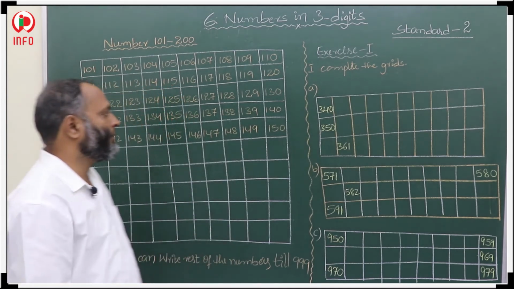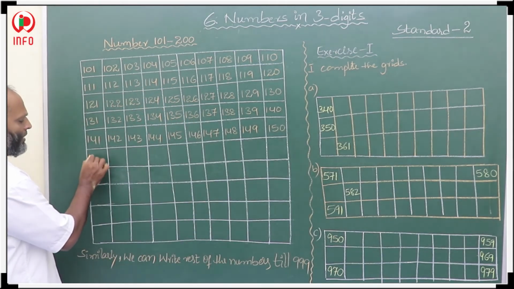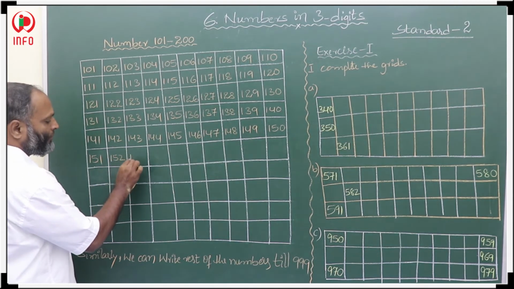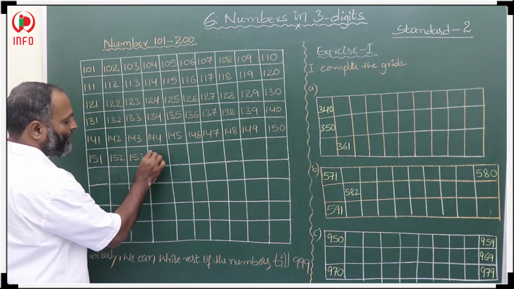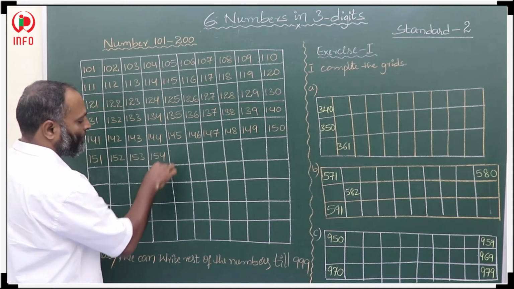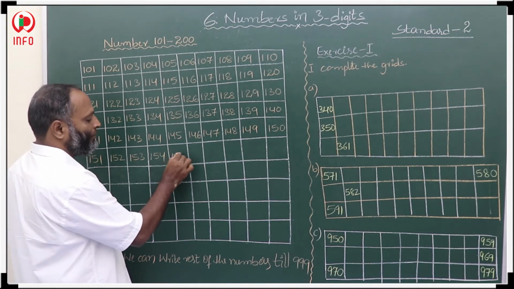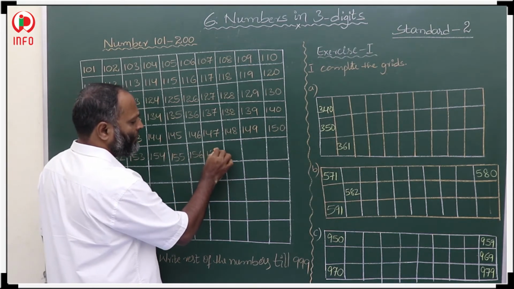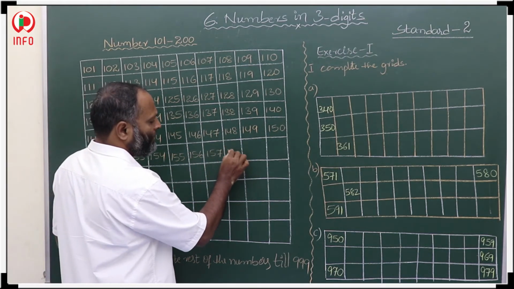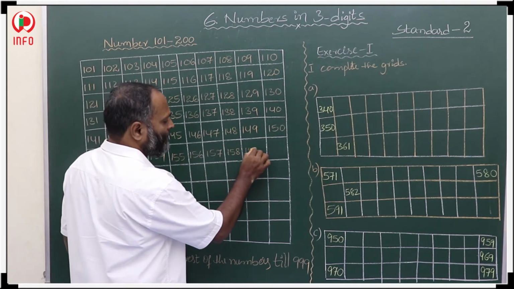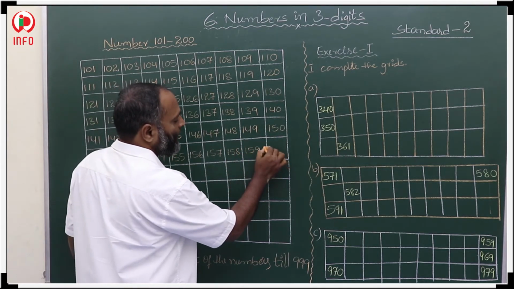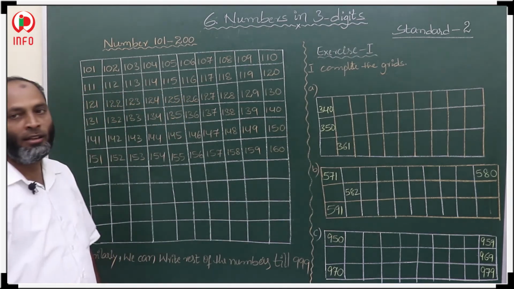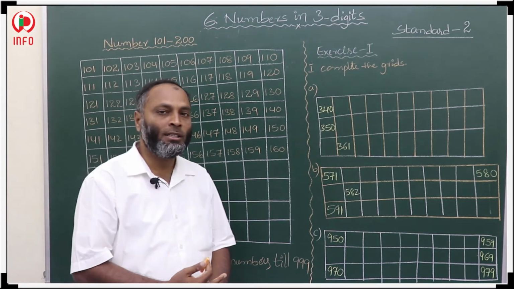Then after 50, 51, so 151, 152, 153, 154, 155, 156, 157, 158, 159. After 59, 60, so 160.